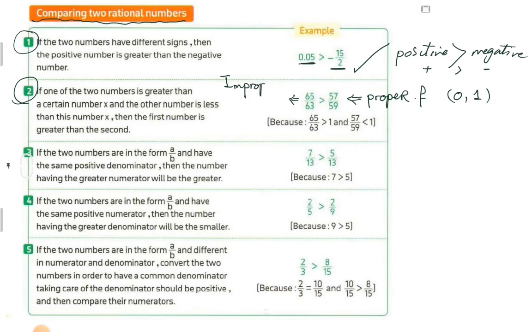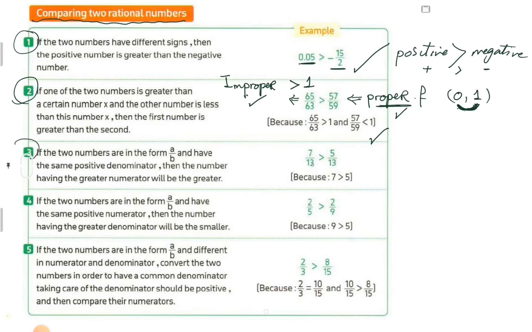An improper fraction is greater than 1. This proper fraction is less than 1, between 0 and 1, but here it's greater than 1. Of course, greater than 1 is greater than less than 1. So any improper fraction is greater than any proper fraction. It's direct.